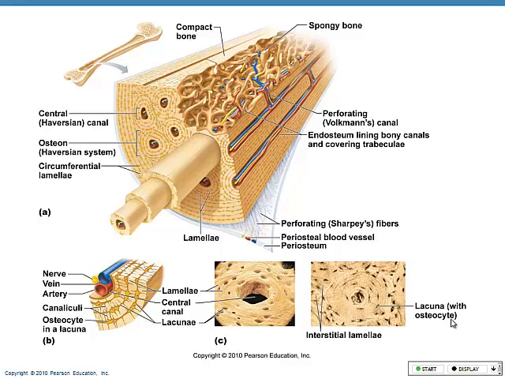Now remember, I need to have some sort of way to get to my food supply. So we see through the lamellae these little lines or little canals. Little canals. You know what they're called? Canaliculi. You know what canaliculi means? Little canals. Exactly.